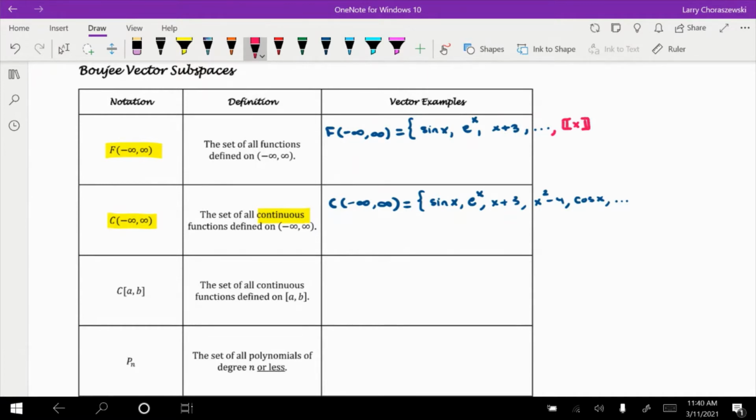Has anybody ever worked with this type of function before? This is sometimes referred to as the staircase function. But the notation is officially for the function that's called the greatest integer function.